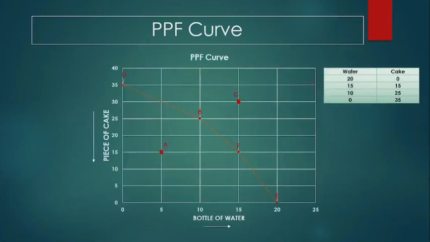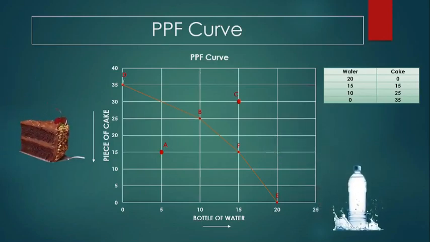So here is the PPF curve and to aid understanding of the curve we have added the table of two goods. The goods are named cake and water. So here we can see that if we try to produce 20 bottles of water, we cannot produce any units of cake. If we try to produce cake, then we have to sacrifice some production of water.